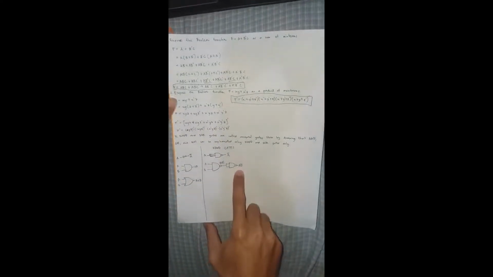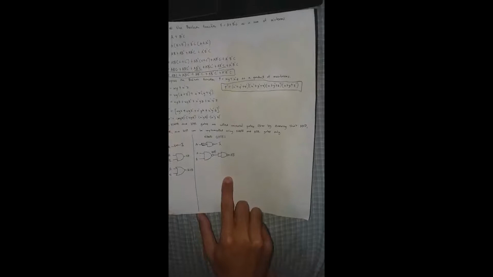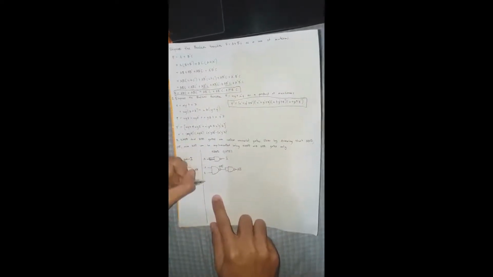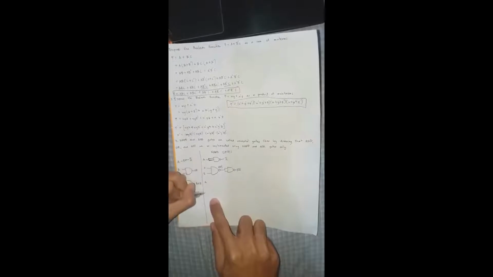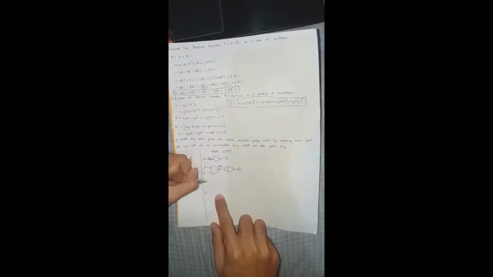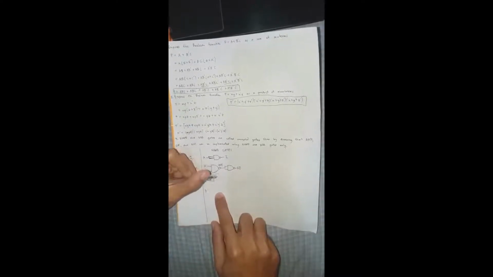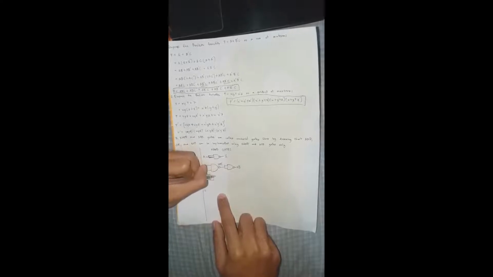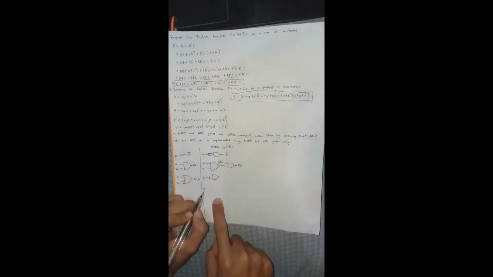Lastly, we're gonna use NAND gates to prove an OR gate. First, we're gonna use one NAND gate to complement each input. Here we have an A as an input and B as an input.